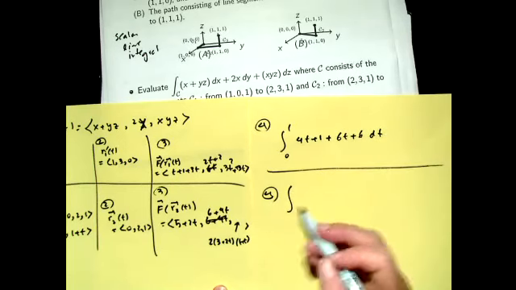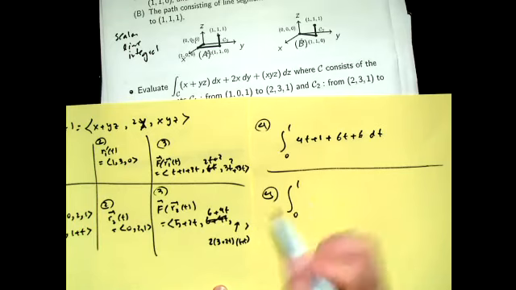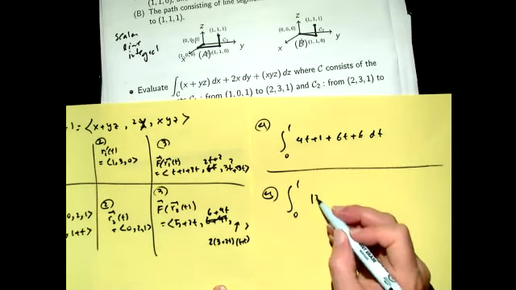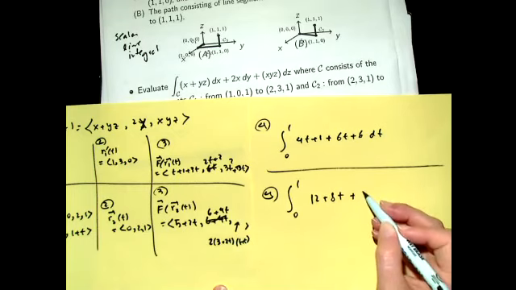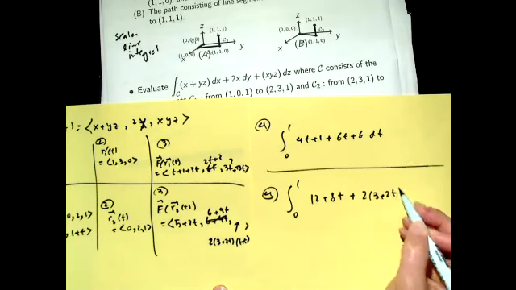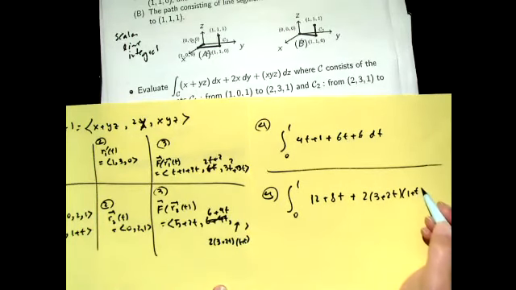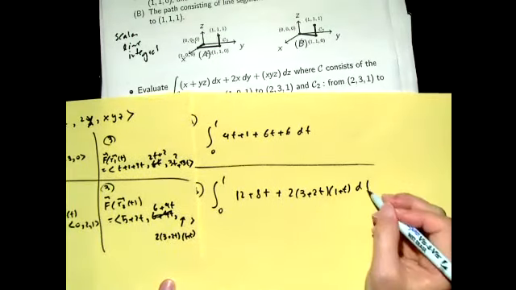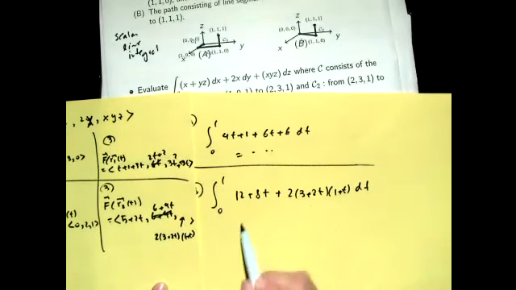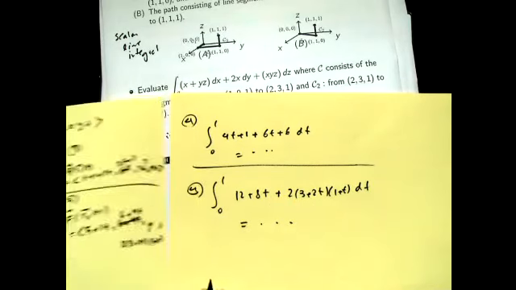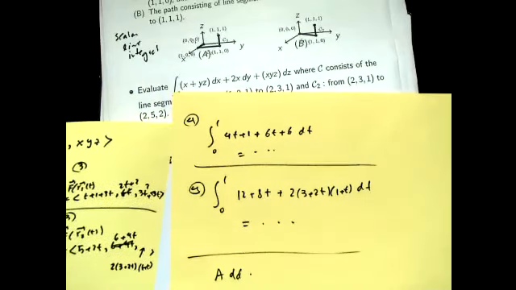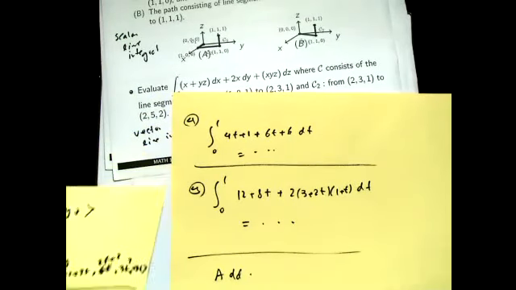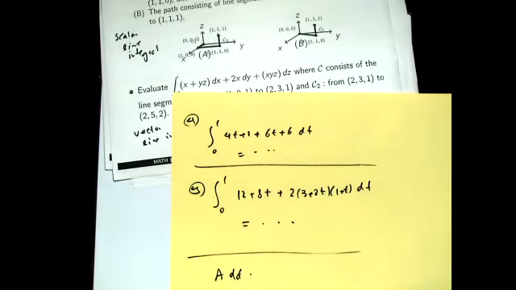And then for the second one, I get 0 to 1, and then 12 plus 8t plus 2 times 3 plus 2t times 1 plus t dt. And then you compute, and then you add them together. So that was the major part of this.